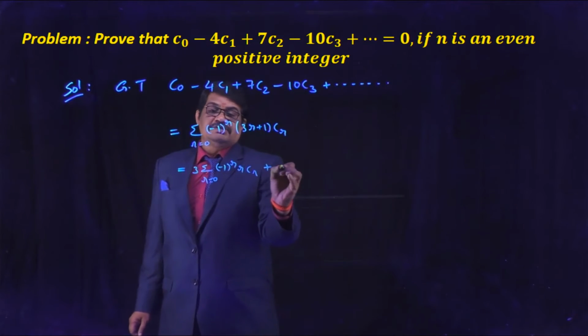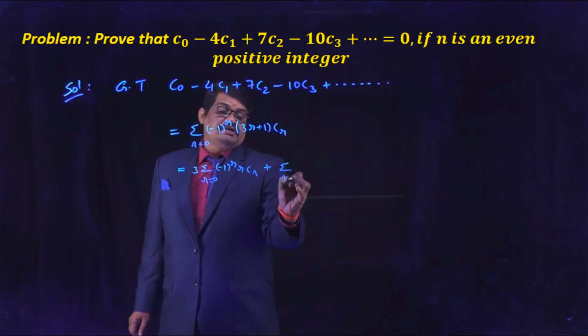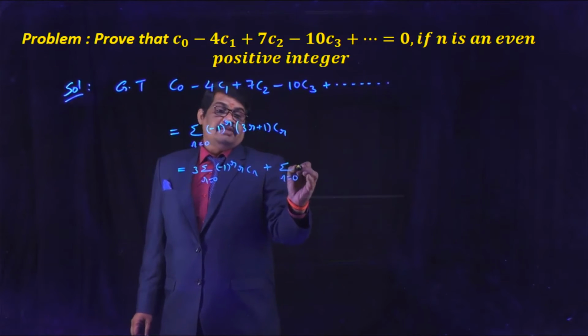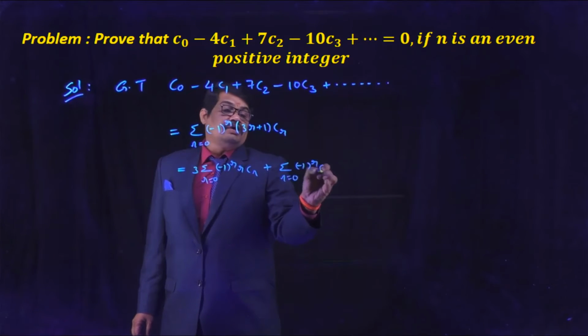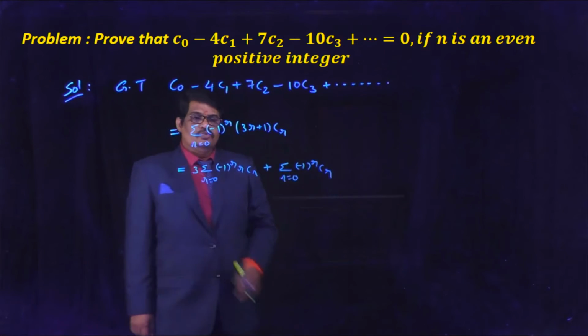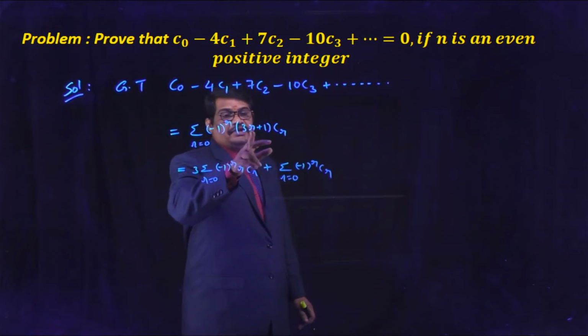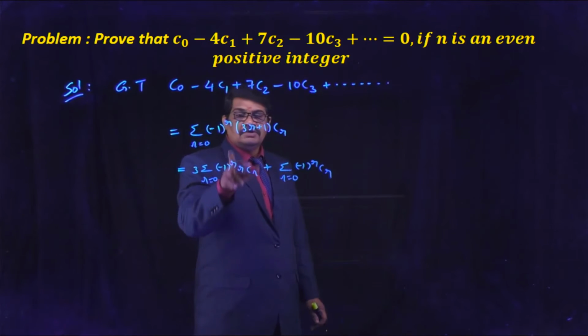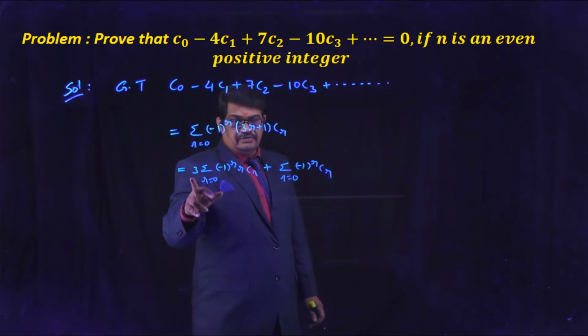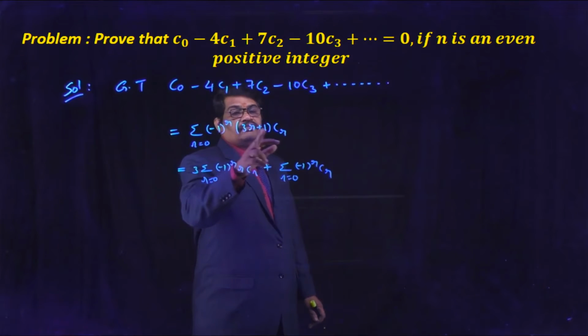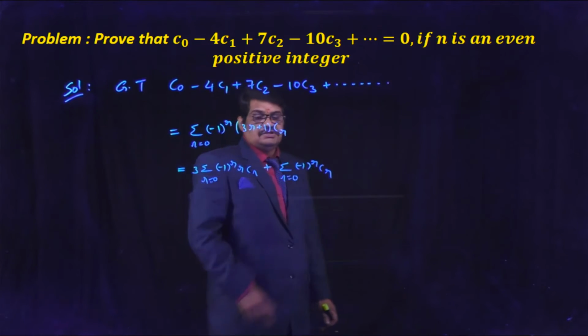Next, plus sigma r equal to 0 to n of minus 1 to the power of r into Cr. Now we have split it into two terms: minus 1 to the power of r into r Cr with 3 as the constant, and minus 1 to the power of r into 1 into Cr, that is the second term.